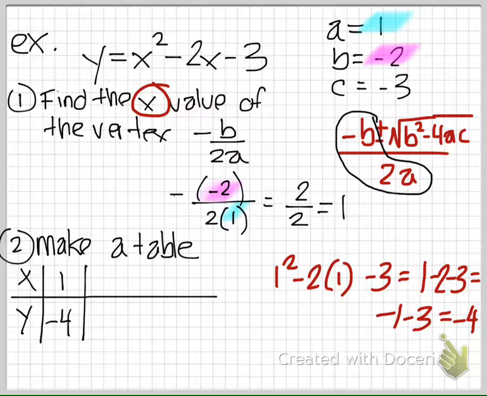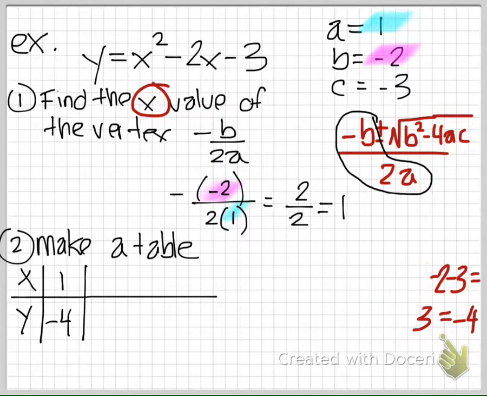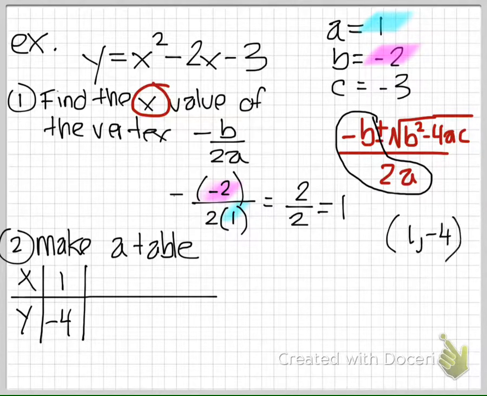The next thing you need to do is you need to come up with a few more values. And what I typically have my students do is I have them pick values of x to the right and to the left of x. So if I have my vertex, we now figured it's at 1, -4.